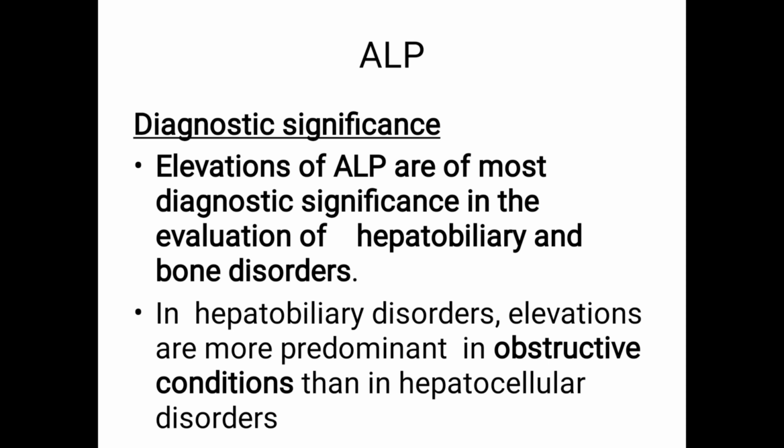That is the reason ALP level is higher in growing children, because bone ossification takes place. After the age of 12, or even up to 18, the alkaline phosphatase level is higher. So the normal range of alkaline phosphatase is higher in children because it is required for the development of bone.